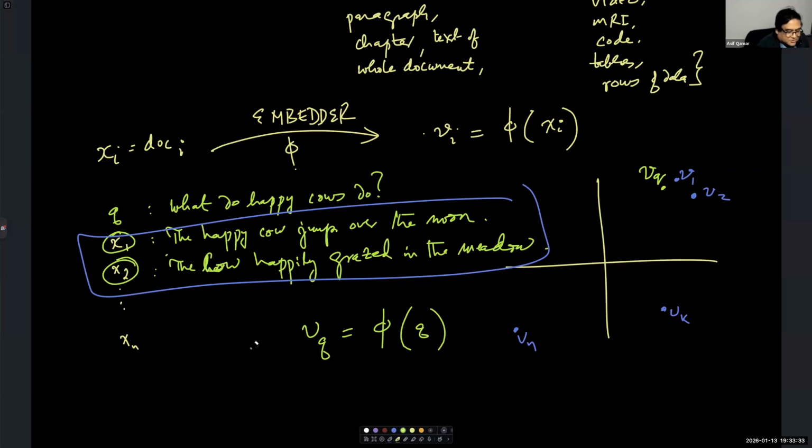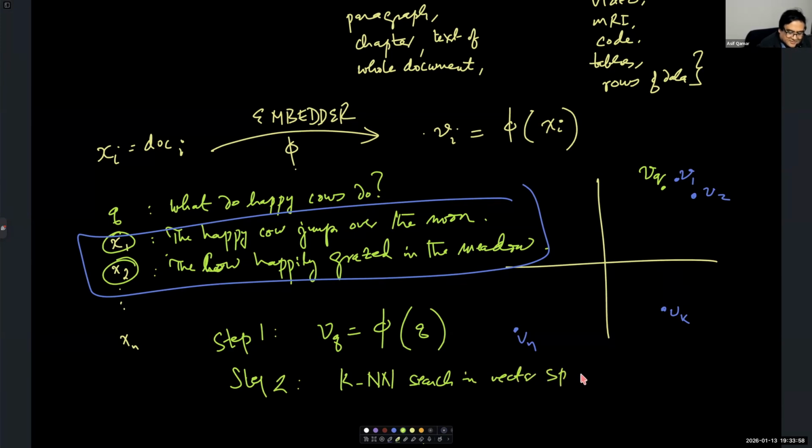Now VQ has associated with it, the vector database remembers, so when you give this, you do this, step one. What is step two? K nearest neighbor search in vector space that the vector database will do. Actually, it is approximate K nearest neighbor search.